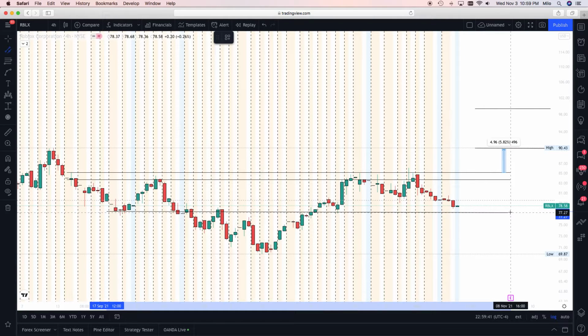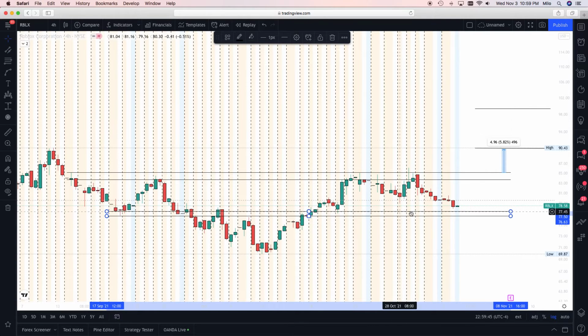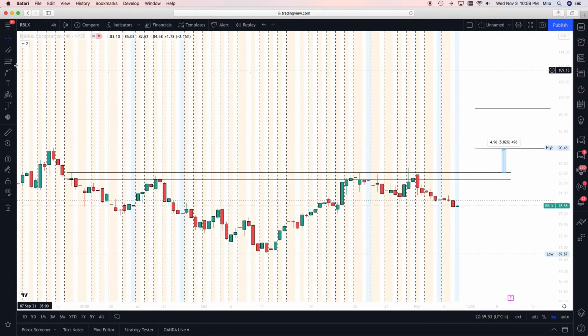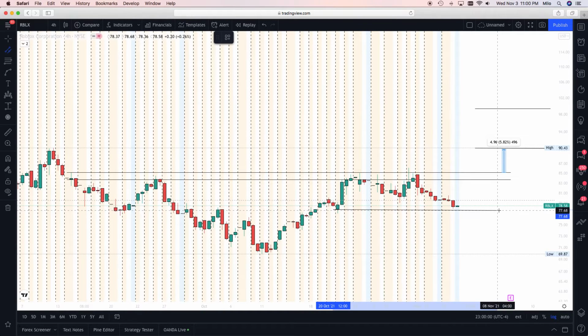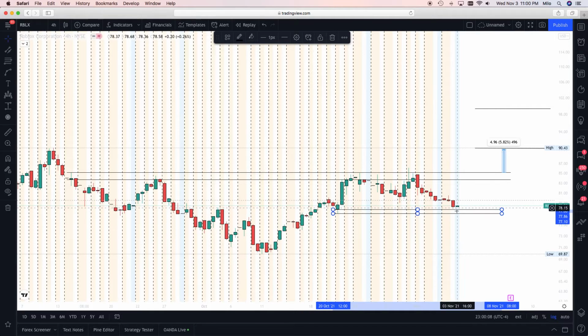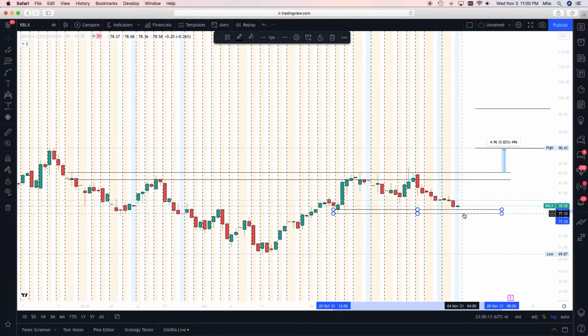Let's see. Support right here. Let's take the support from this side here. We could take it from this candle to this side, which it didn't even reach here, but you can see how it almost came to it and tapped.